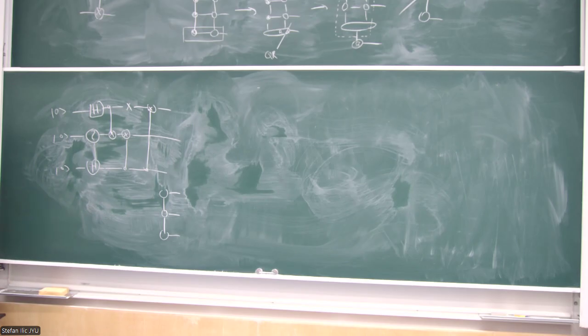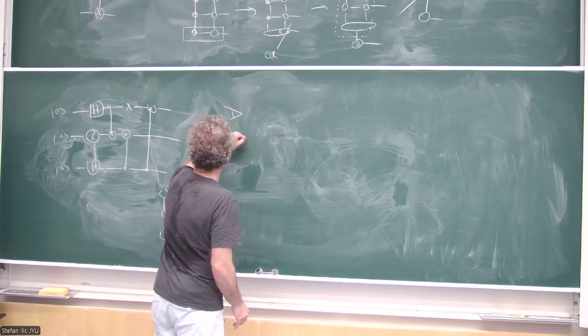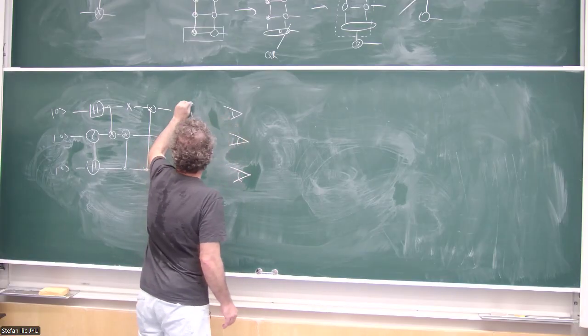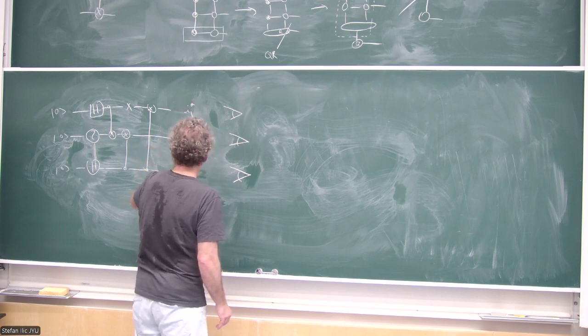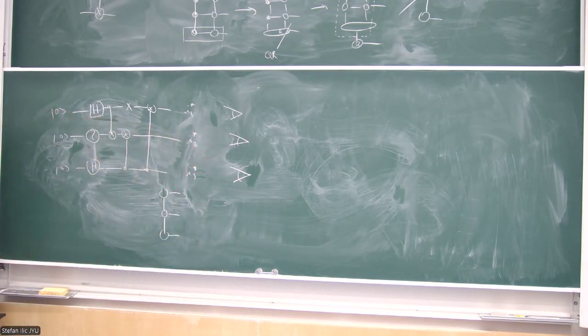Remember that at the end of the day, you just measure here, and you get i1 star, i2 star, i3 star. You sample the state. You get just one sample.